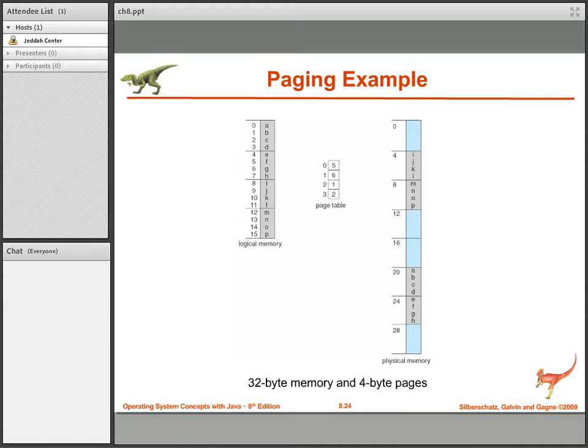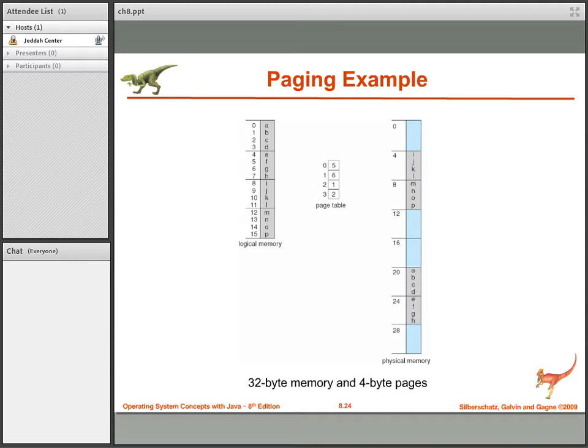The same thing for the others. Let's say page number 1 in the logical memory goes into frame number 6 in the physical memory, and frame number 6 in the physical memory is the 7th frame, because we are starting from 0 again.